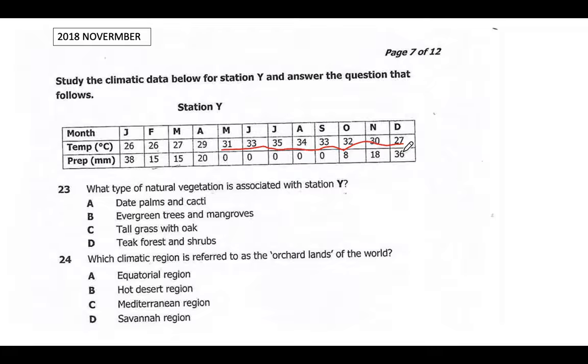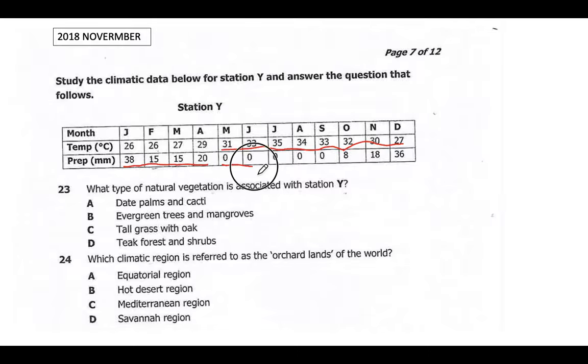So what type of temperature is this one? This type of temperature is for a desert. If you review back from the table for a desert, we have this type of characteristic. And then what happens to the rains? High rainfall is experienced in January, February, March, April.